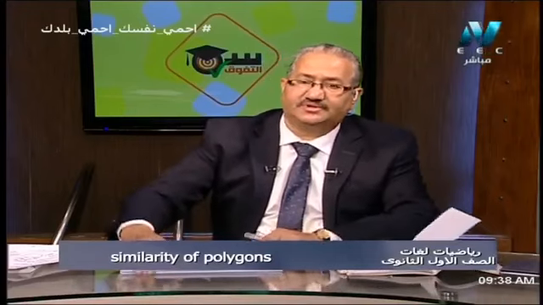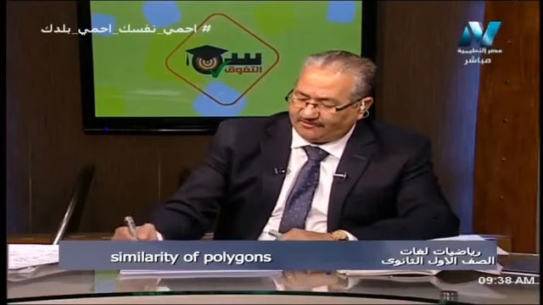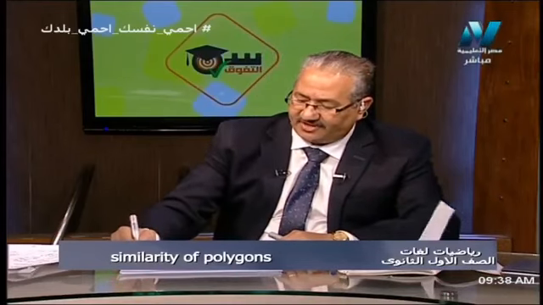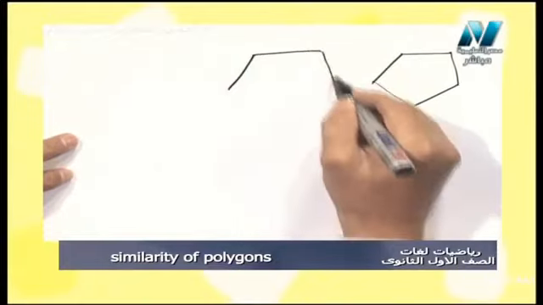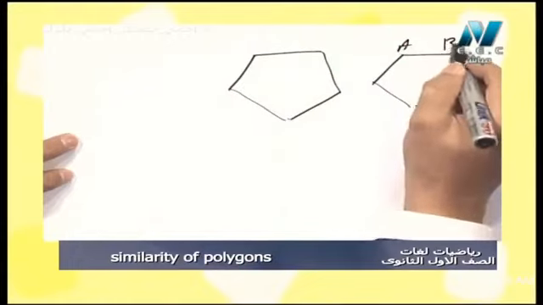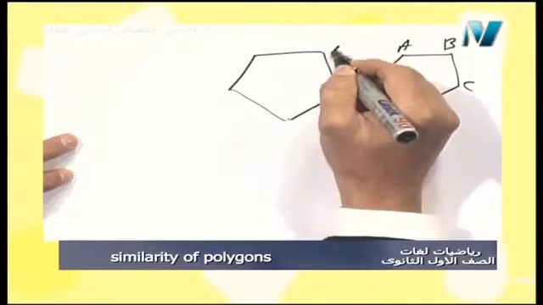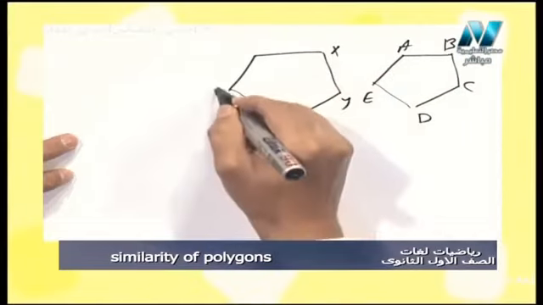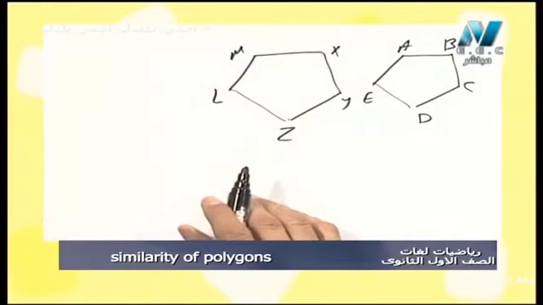Okay, let's move to example number 2. Let's deal with the perimeter of two polygons. If we have here a pentagon like that, and another pentagon, this pentagon is A, B, C, D, E, and the other is X, Y, Z, L, M. These two pentagons are similar.